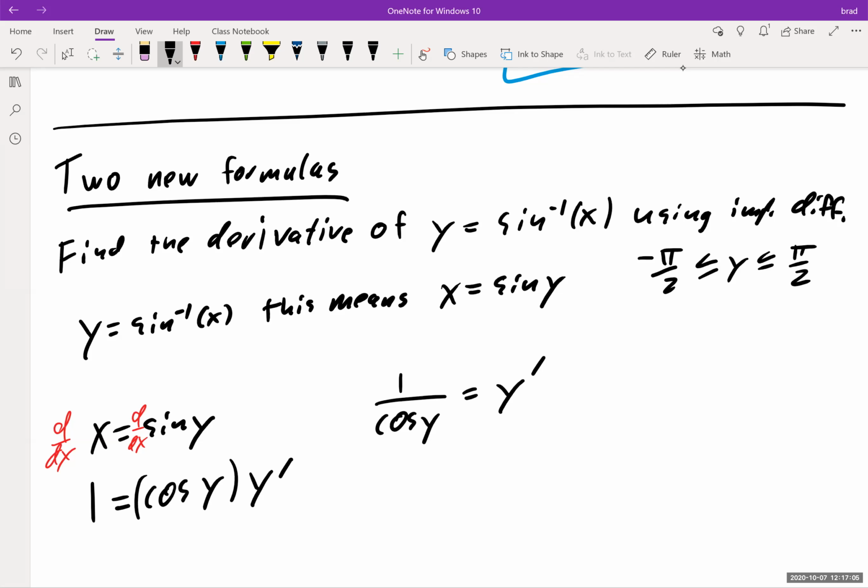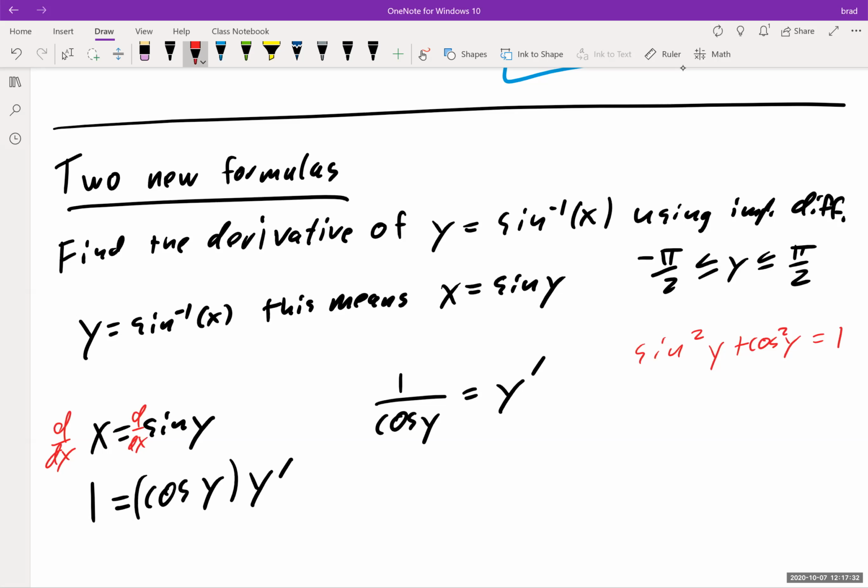I'm feeling pretty good so far, so I have y prime. The problem is I want everything in terms of x's. So I have to find some substitution or some way to manipulate this to get stuff back to x. Whenever you're dealing with sine and cosine, a very common thing is the Pythagorean identity: sine squared of y plus cosine squared of y is equal to 1.